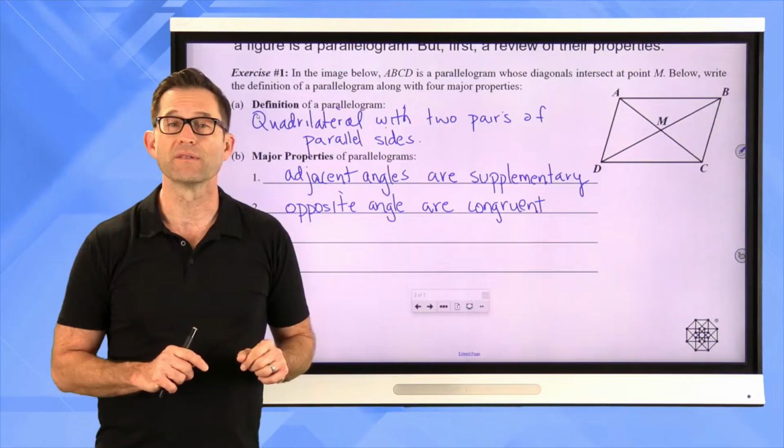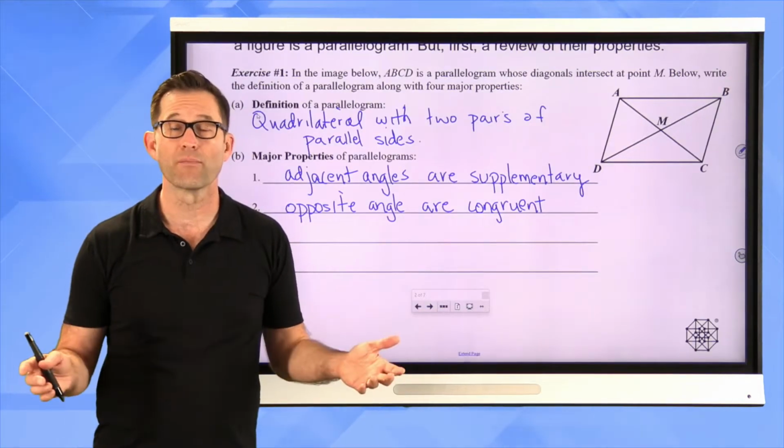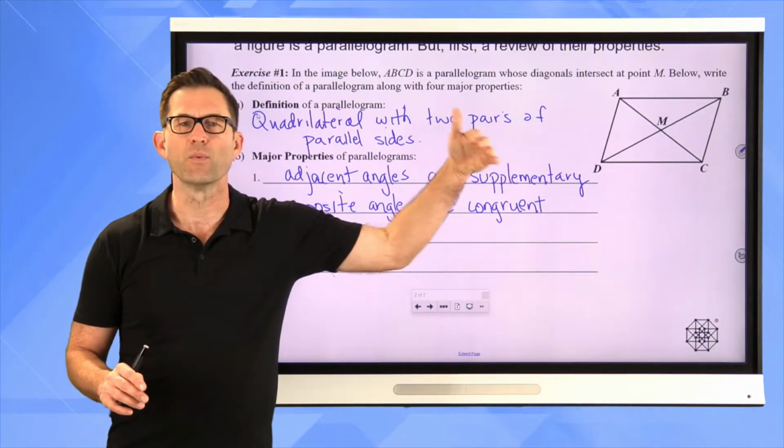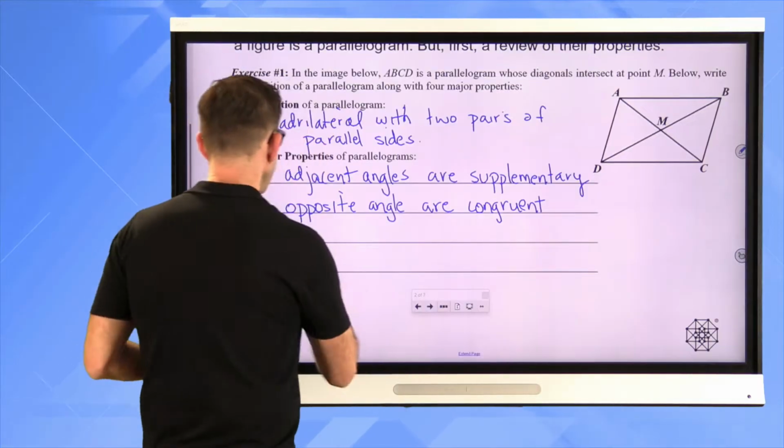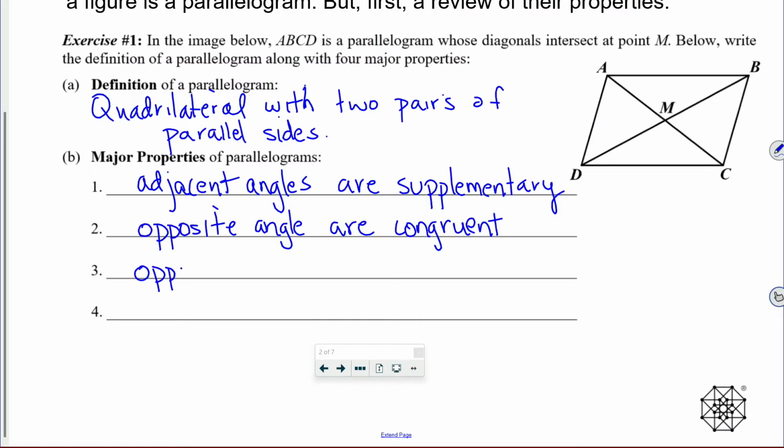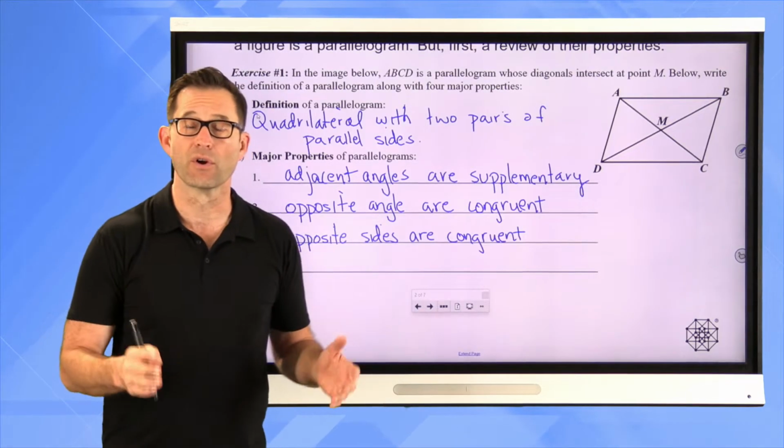Then we proved some things about lengths, and one of the most important properties, which is pretty obvious when you look at a parallelogram, is that opposite sides are congruent. Or again, if you said opposite sides are equal, I'm very comfortable with that. So opposite sides are congruent.